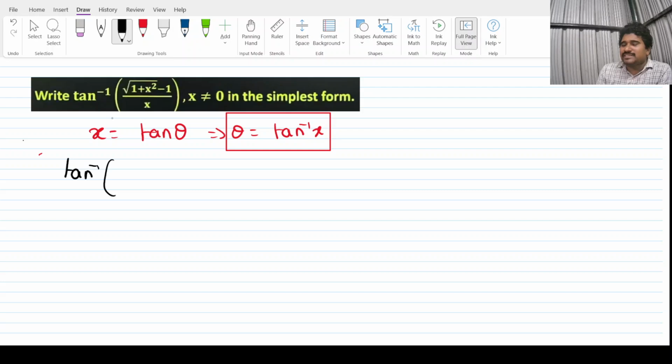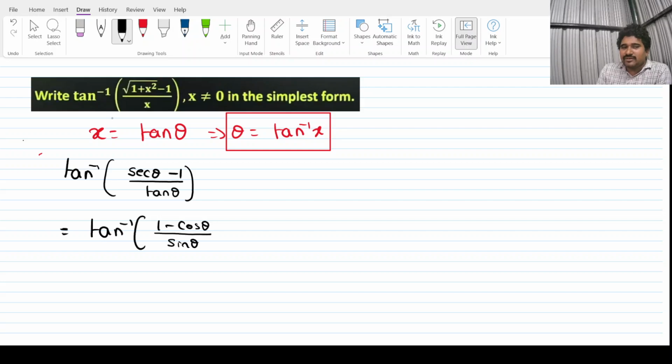What do you have? 1 plus tan square is nothing but secant square. I can write it as secant theta minus 1 by tan theta. Correct? So replace secant theta as 1 by cos theta. The root will get cancelled. So what will it become now? Tan inverse of 1 minus cos theta by sin theta.